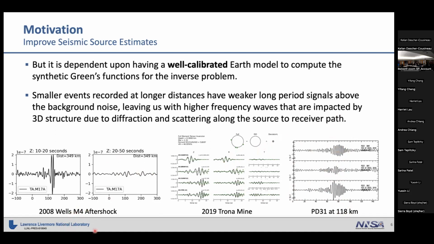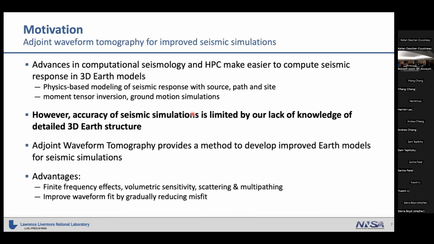Now, the slide is not letting me advance. Okay, here. So one of the first things of the project is to develop a full waveform model based on adjoint waveform tomography for improved seismic source simulation in general. The key thing is that there are a lot of advances in computational seismology and also HPC that make it easier to compute in 3D Earth models.